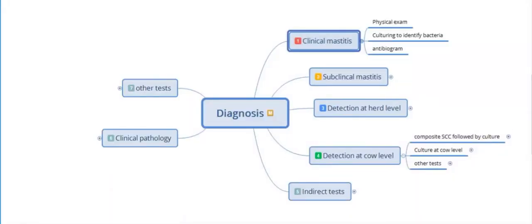When it comes to clinical mastitis, it is quite evident, and you can diagnose mastitis just by physical examination. And for further understanding of the etiology, in an ideal situation, you will go for a culture. You will do the culture, identify the bacteria, do an antibiotic sensitivity test, and thus come to a decision regarding the treatment of the particular case of mastitis.